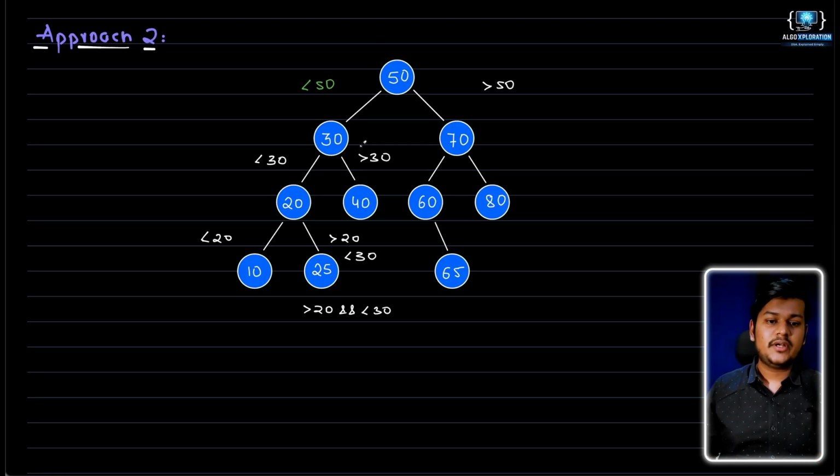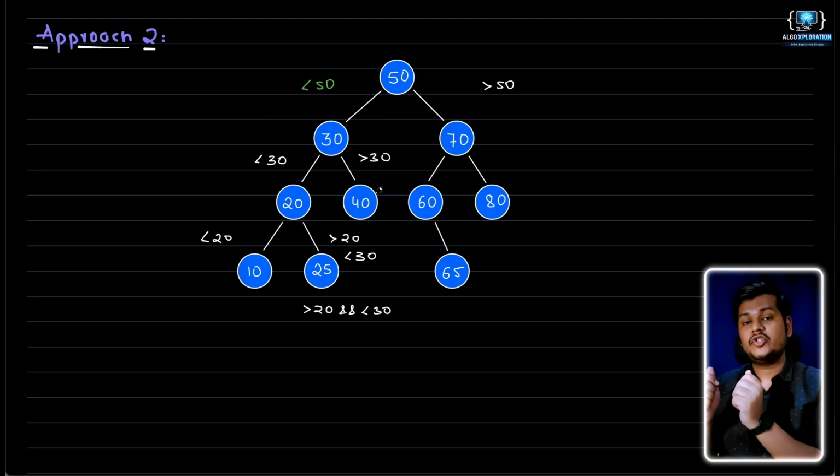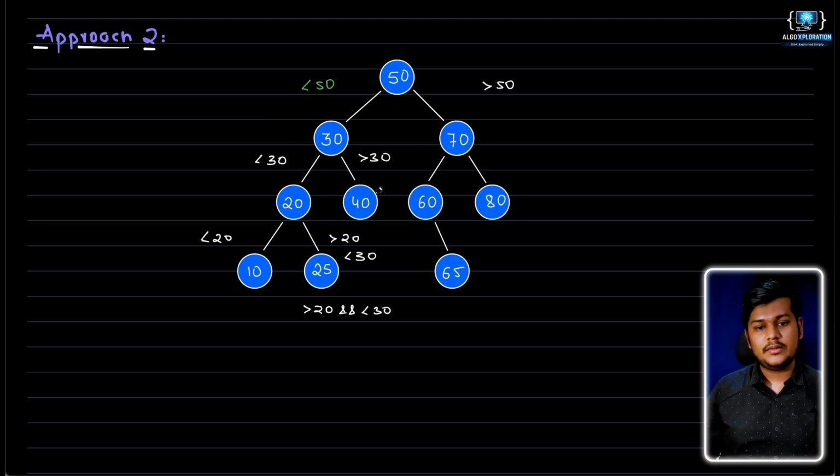But this 40 is present on the left hand side of 50, so it means that the ending point should be 49. So it should be lesser than 50. I believe that you got it.